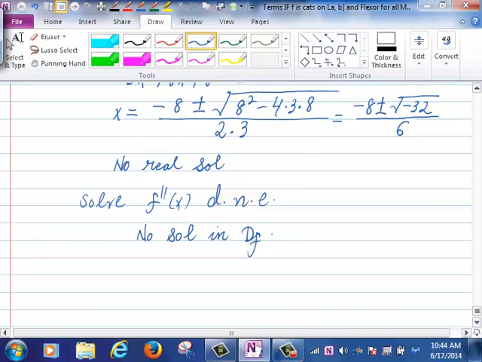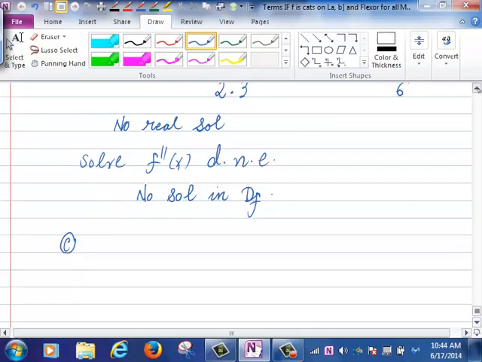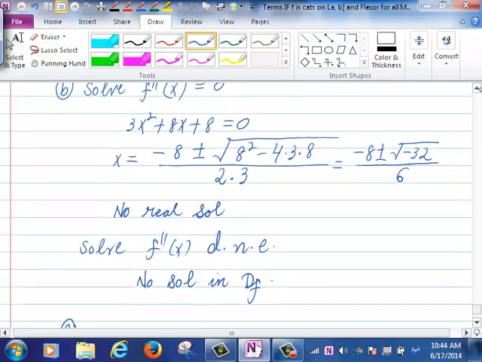Okay. Well, what's part C then? I find out where the second derivative is concave up. So now I have to find out where the second derivative is positive and negative, right? The fact that I didn't get any critical points, what does it tell you?